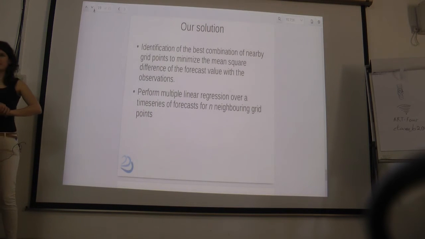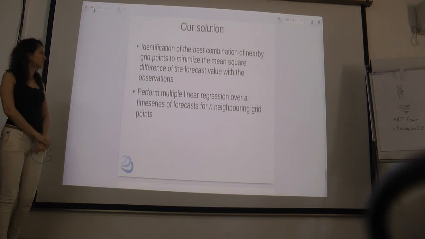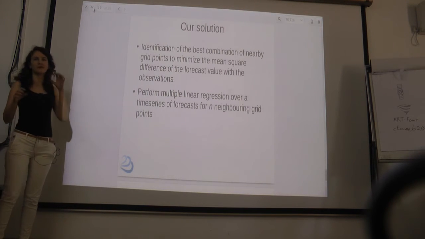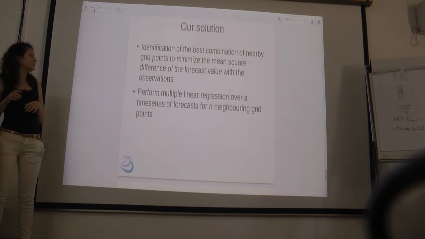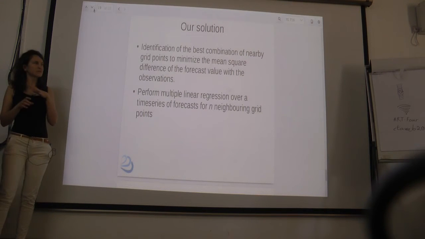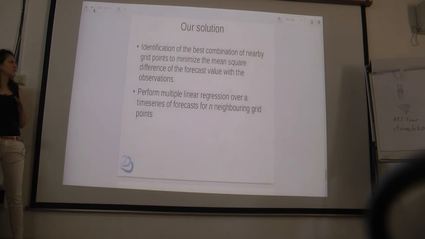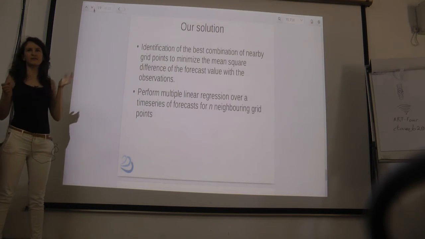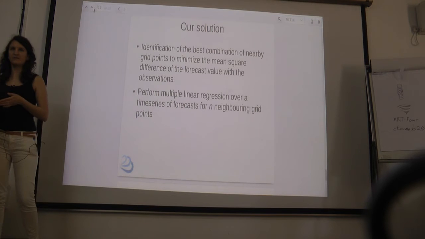The solution that we implemented is to identify the best combination of the nearby grid points to minimize the mean square error between the forecast value and the observations that we have.